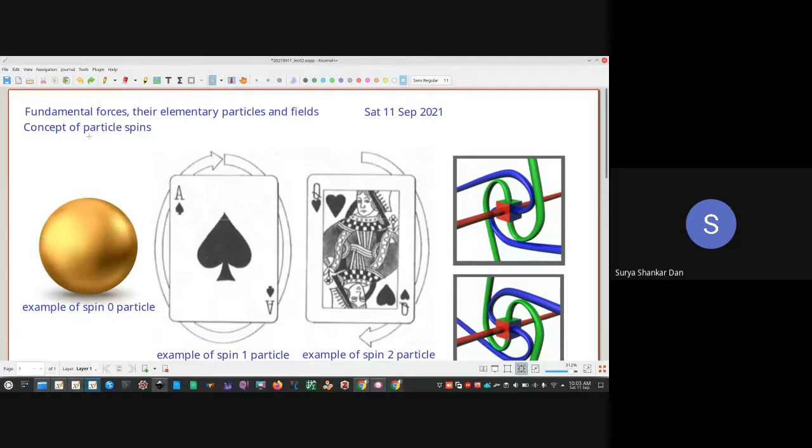In the process we will understand the concept of particle spins. Is that fine? These are certain illustrations I have drawn to give you examples of the different spins. We say that the electron has spin half, and we will try to understand that. So let's begin with the class.